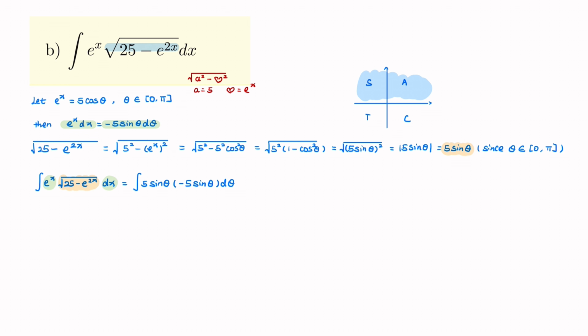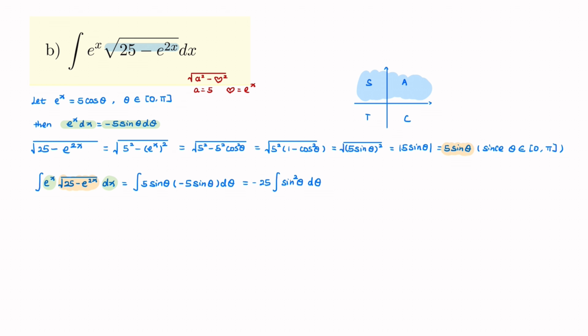Okay, and now we can do some simplification and use my trig identities. So 5 times negative 5 is negative 25. Let's leave it outside. And inside I have sine squared theta and then d theta. So this is basically back to a trigonometric integral.